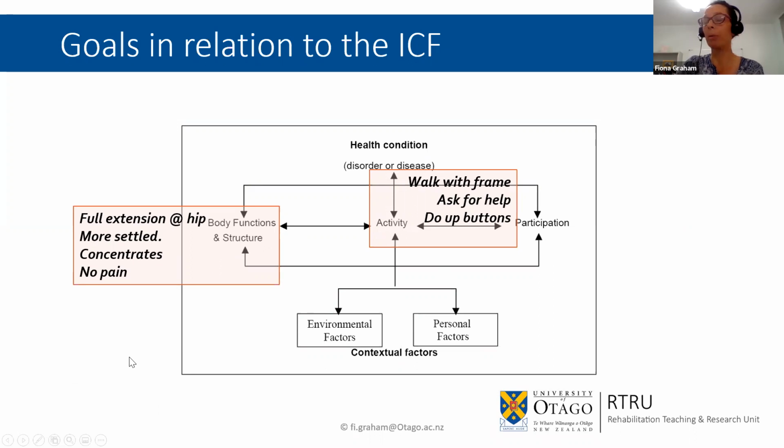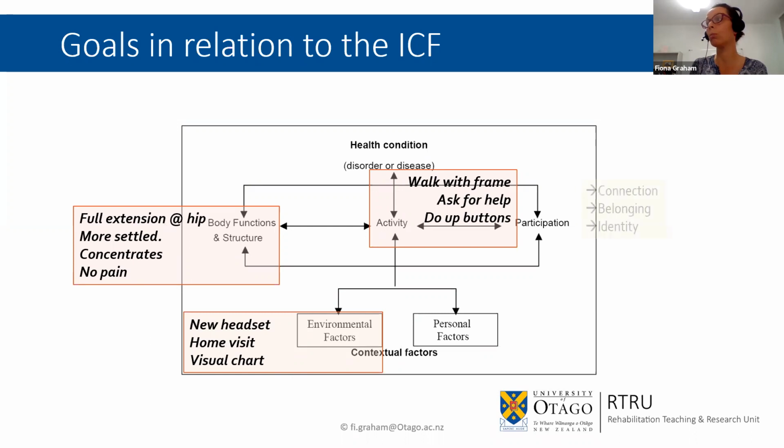Activities would reflect things like being able to do up buttons. Participation, on the other hand, would be being able to dress oneself in the morning, being able to do up the buttons during dressing in the morning at home. Environmental factors might be to replace a headset, to complete a home visit, to install a visual chart in the home. These are all strategies that change the environment that we hope might enable participation in the lived environment, but they're not the goal in themselves.